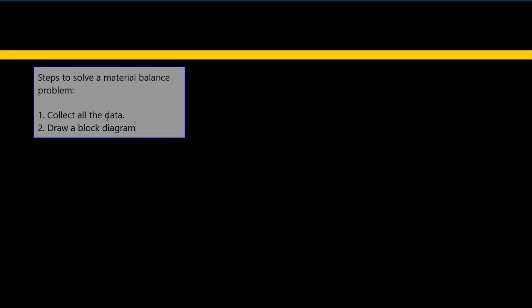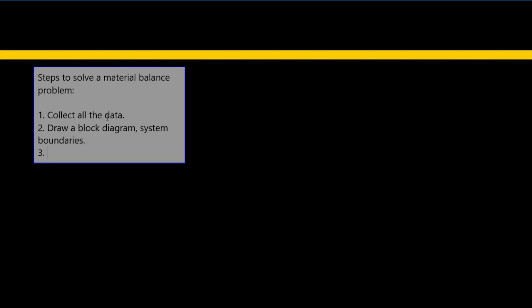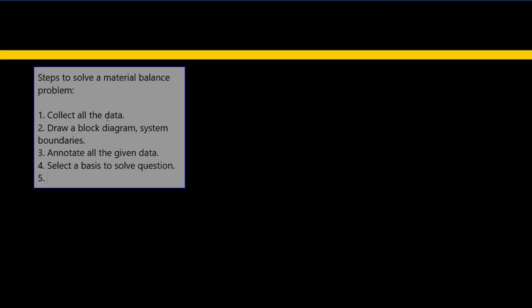If you draw a block diagram, you have to make sure that you draw it with system boundaries. I'll explain in a bit what system boundaries are. The third step is to annotate all the data. And the fourth step is to select the basis to solve the question. I'll explain all these steps one by one, so don't worry about that.